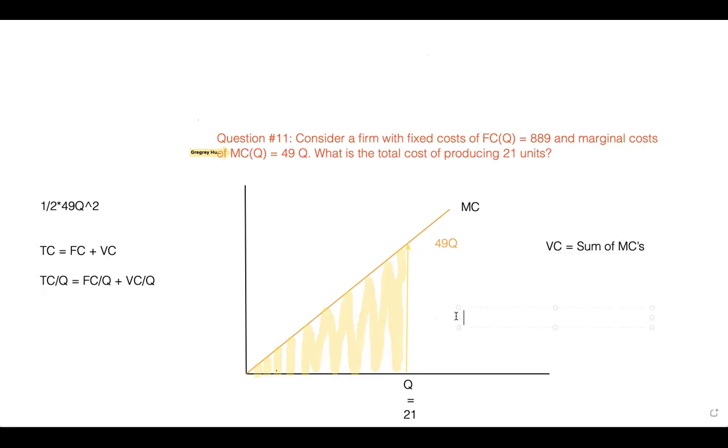So the area of the triangle, for any point on the horizontal axis, is the height of the marginal cost function, 49q, times q, which is the base, times 1/2, because it's a triangle.